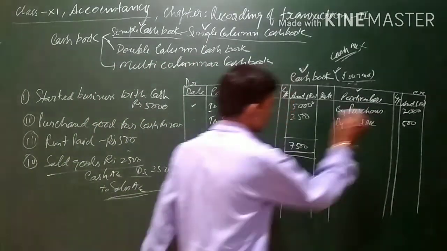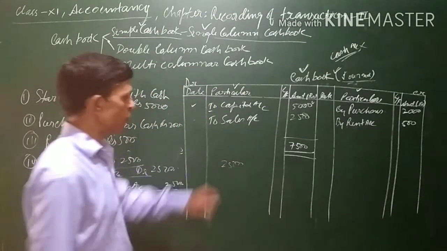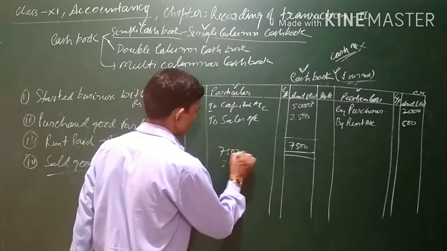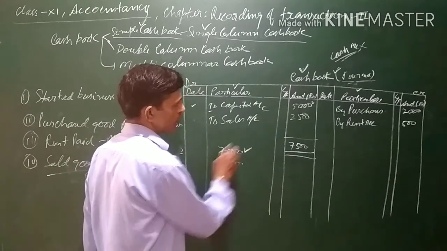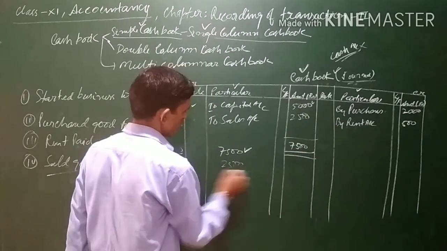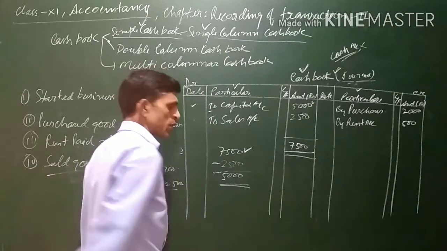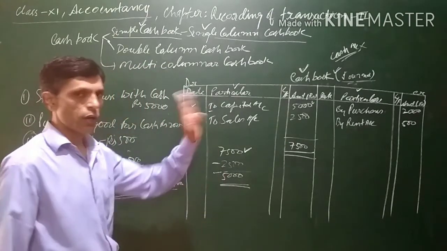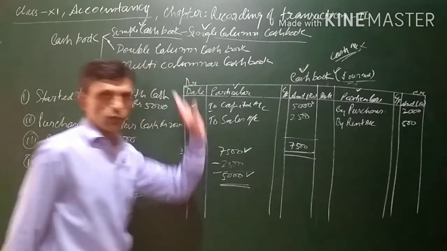And now the payment side. How much payment has been made? 2,500 is the payment. Now, you have 7,500 cash in the business, and out of the 7,500, 2,500 has been paid. How much balance will remain? 5,000 will remain. This balance is carried down after the end of the accounting period, carried over to the next period.